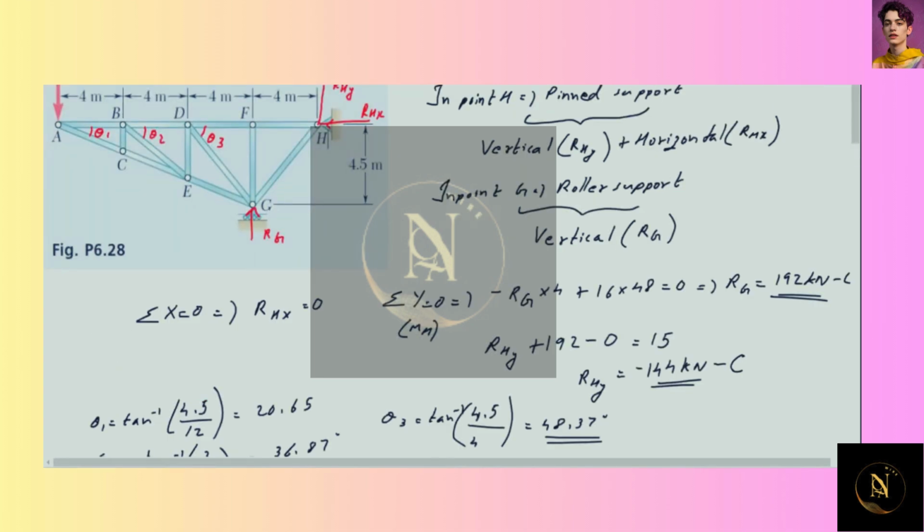Now let's go to each joint and resolve it. First, for joint A, let's draw the diagram first. So this is FAB. There will be FAC in some slope with angle theta 1, and the 48 kilonewton.